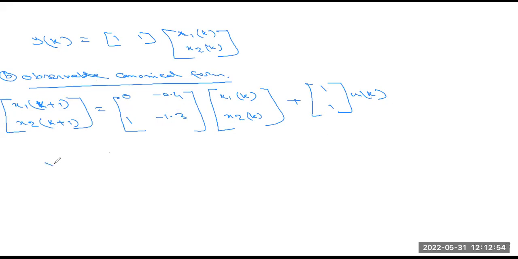And the output of the equations is y(k) equals 0 and 1, multiplying x1(k) and x2(k). So this is the matrix form of the observable canonical form of the given equations. Is it clear?